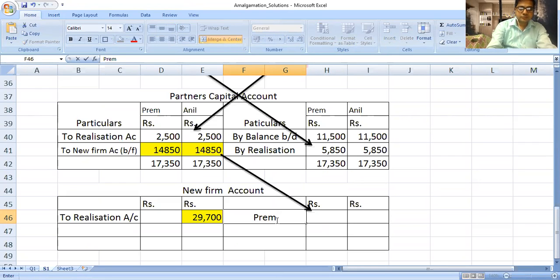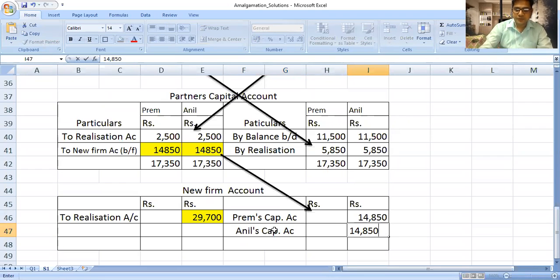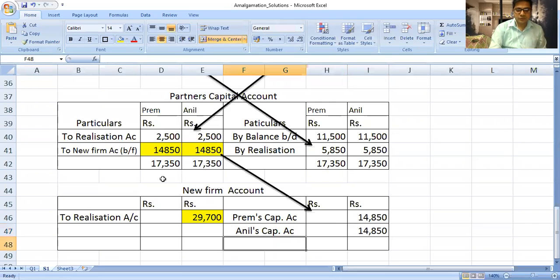Prem's capital account value we have to show 14,850 and Anil's capital account value we have to show 14,850. These we show separately: Prem's capital 14,850 and Anil's capital 14,850. Here we have to put "by".